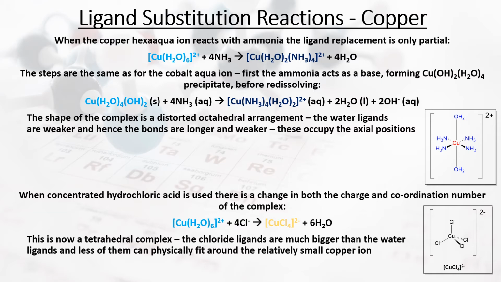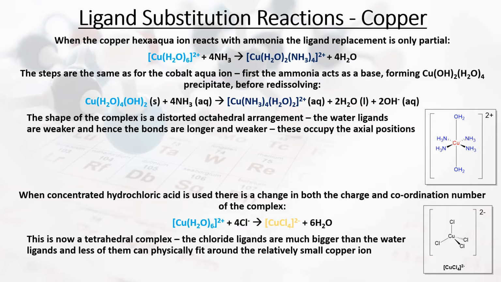The copper hydroxide precipitate, the neutral complex, is also a pale blue colour, but a solid rather than aqueous. And then we can write this reaction here of reacting with the 4 NH3s to produce this [Cu(NH3)4(H2O)2]2+, this partial substitution, water and the hydroxide anions, and this partial substitution product is actually a deep blue solution, so it's a darker blue solution.